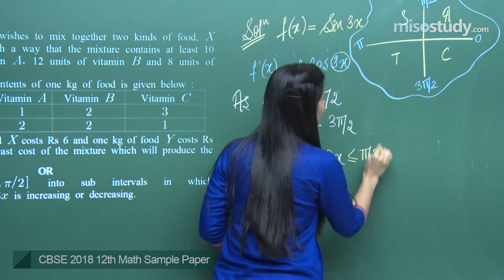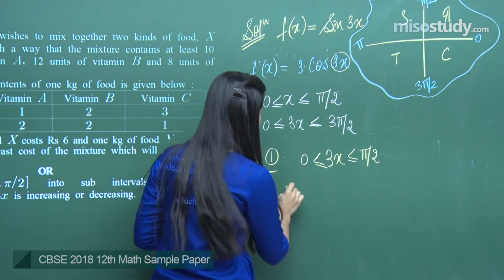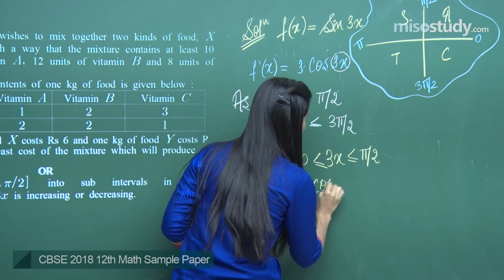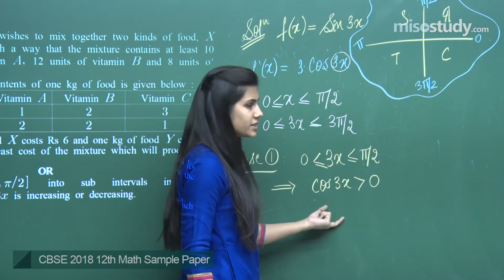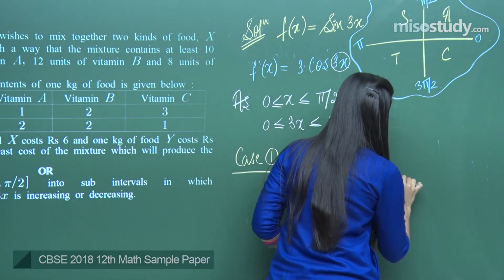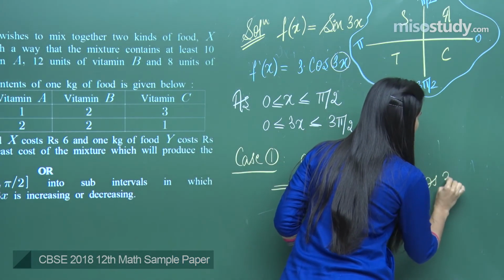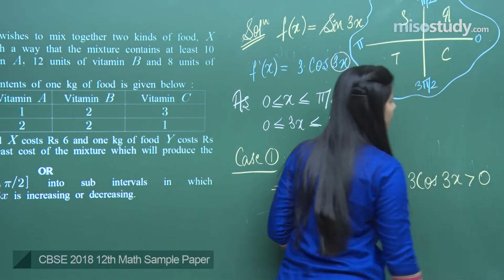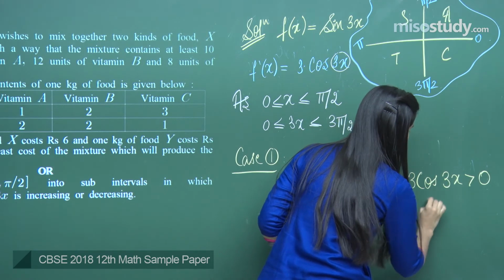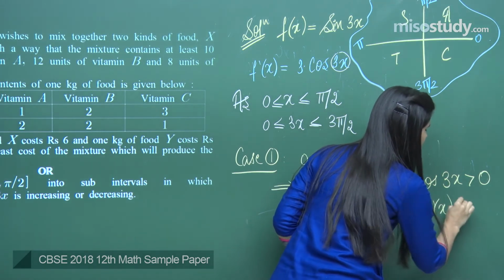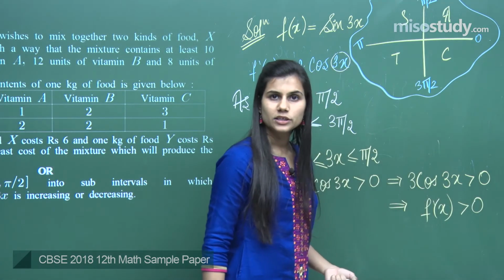When 3x is from 0 to pi by 2, if it is in this section, this means what? Cos 3x is strictly greater than 0. It is positive, which implies 3 cos 3x is also positive, but 3 cos 3x is what? It is nothing but f dash x. F dash x is positive.